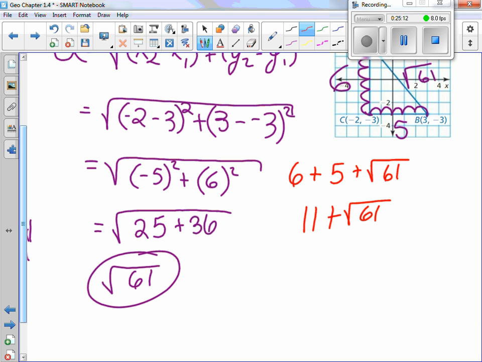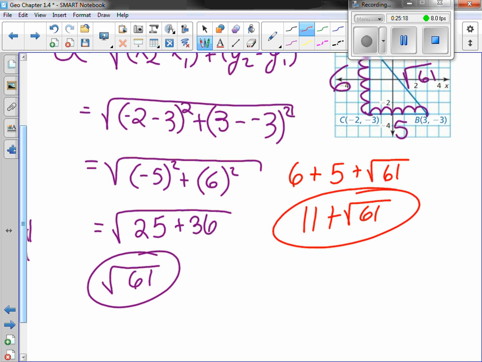No, they're different terms, aren't they? So what's our perimeter? 11 plus the square root of 61. And that's it. That is the perimeter of this figure.